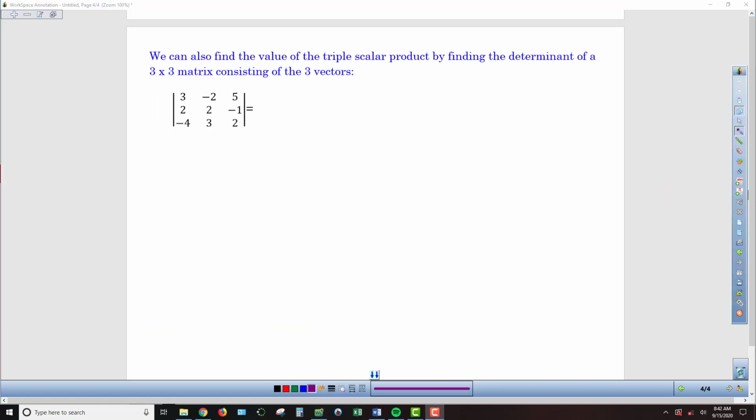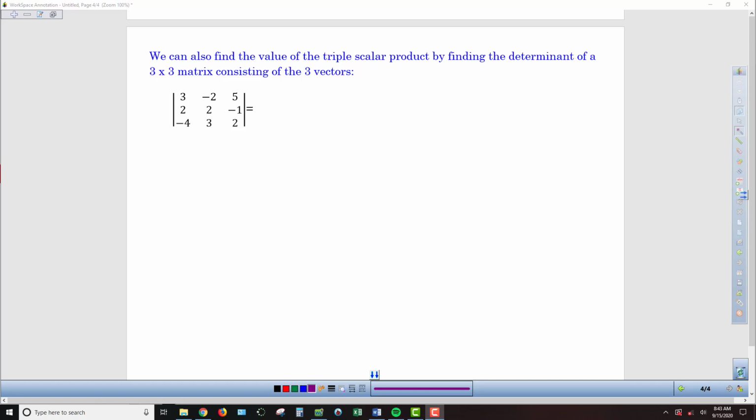Now, one thing we can do to speed things along, instead of separately finding the cross product of the first two vectors and then doing the dot product with the third vector, is to do everything in one determinant calculation.